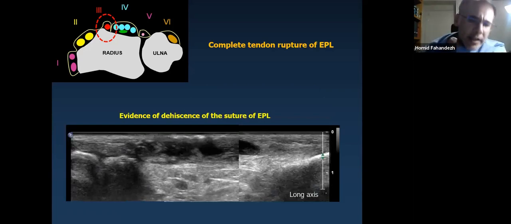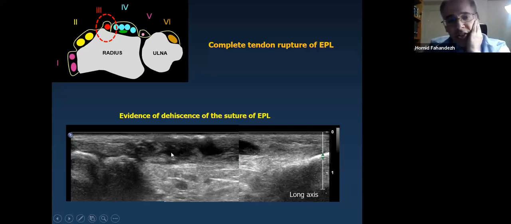Another utility of the ultrasound is in a patient with a complete tendon rupture of the EPL who has been operated. Sometimes the patient, when you take out the splint, comes to your office and says that he felt one snap in the dorsal aspect of the wrist, and that he can move the tendon as before. So it's really important to check with the clinic, but also it's really important to do an ultrasound.